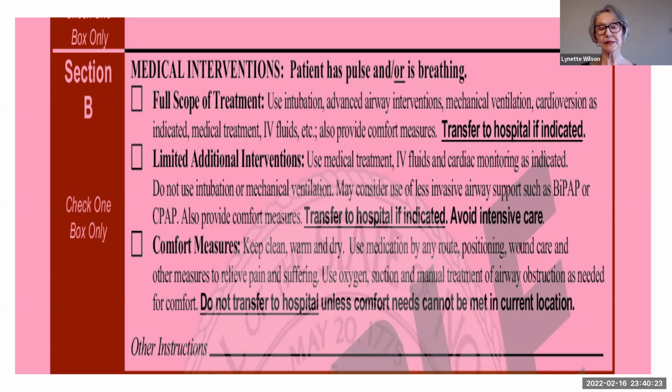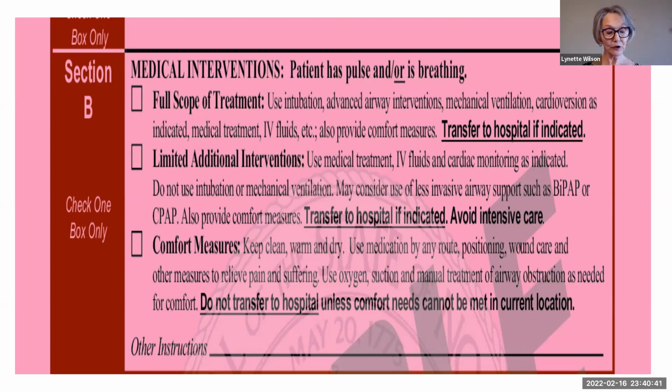So the bottom line in this situation was, what was going to happen at the hospital that couldn't happen where he was? As long as we could keep him comfortable, nothing any different was going to happen for him to be in the hospital.